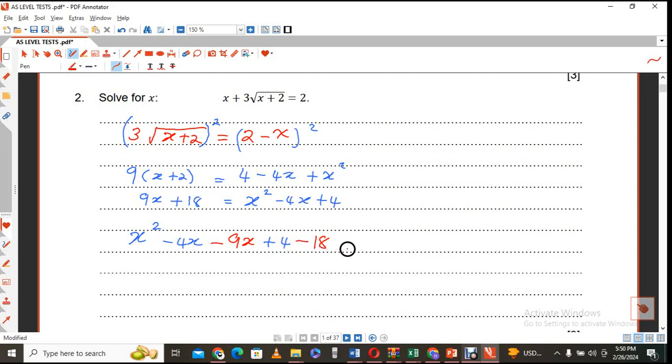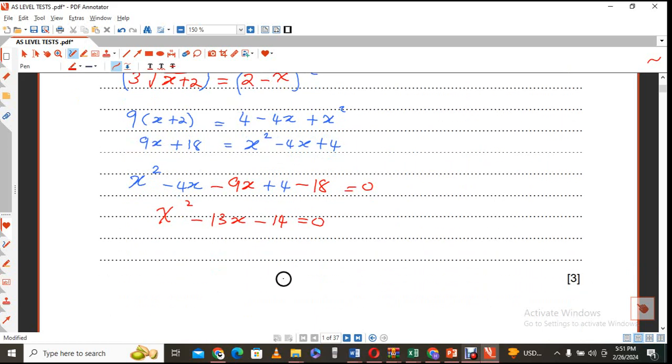Those ones are going over, and that should equal 0. At the end of the day, I have x squared minus 13x, and 4 minus 18 is nothing but minus 14, and that should equal 0.